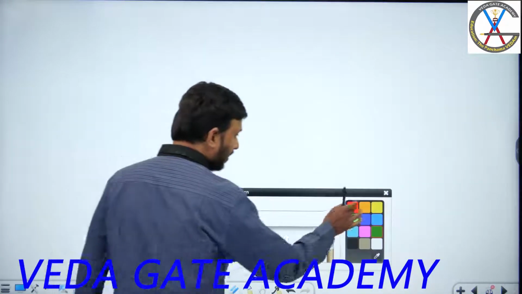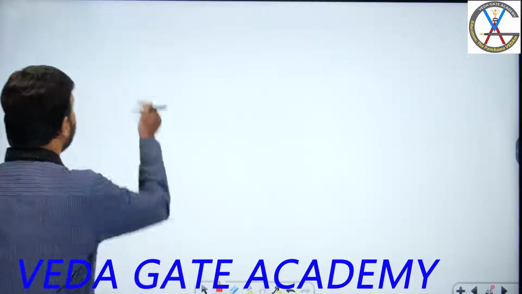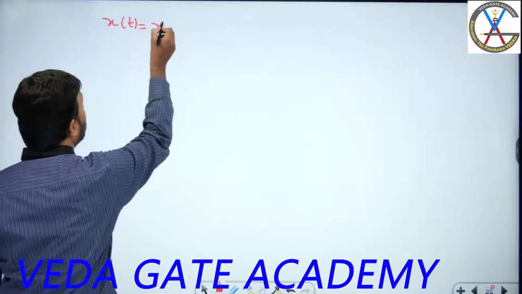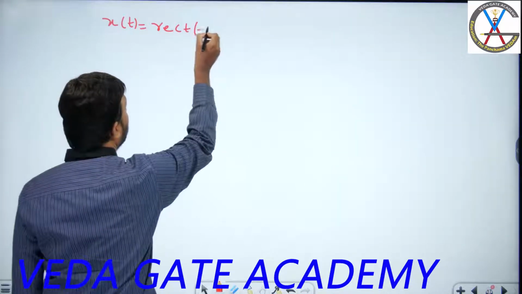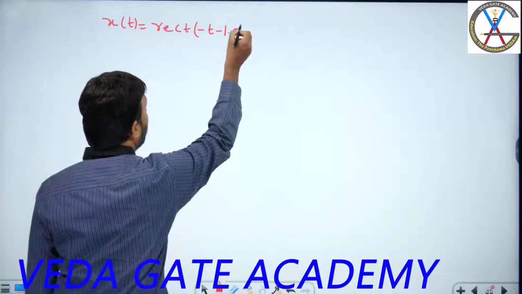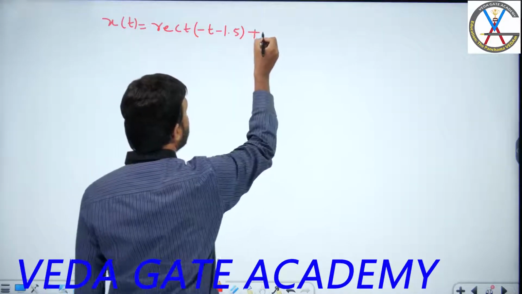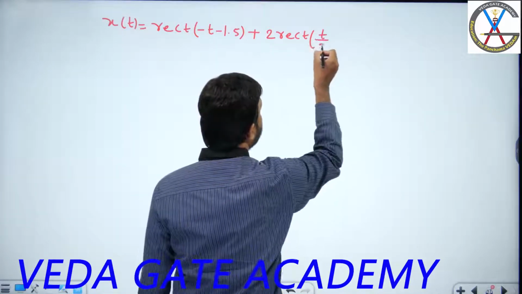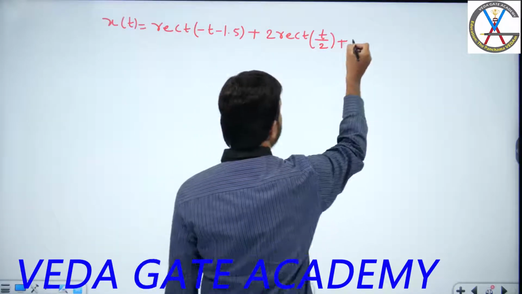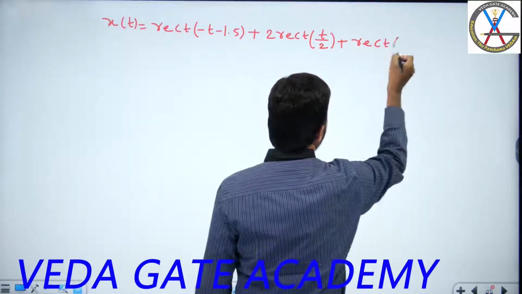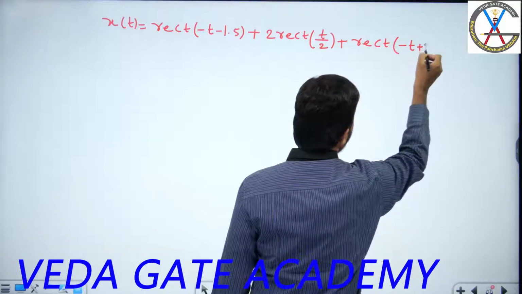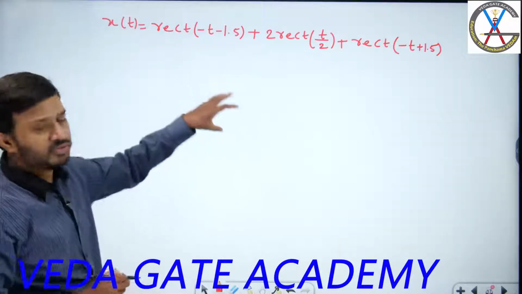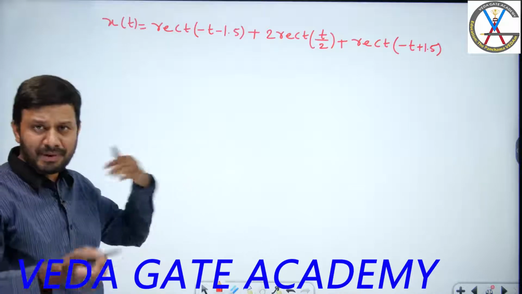If I ask you to draw the shape of the signal x(t) equal to rect(-t - 1.5) + 2 rect(t/2) + rect(-t + 1.5), in my view, this must also be of the same shape as the previous one.